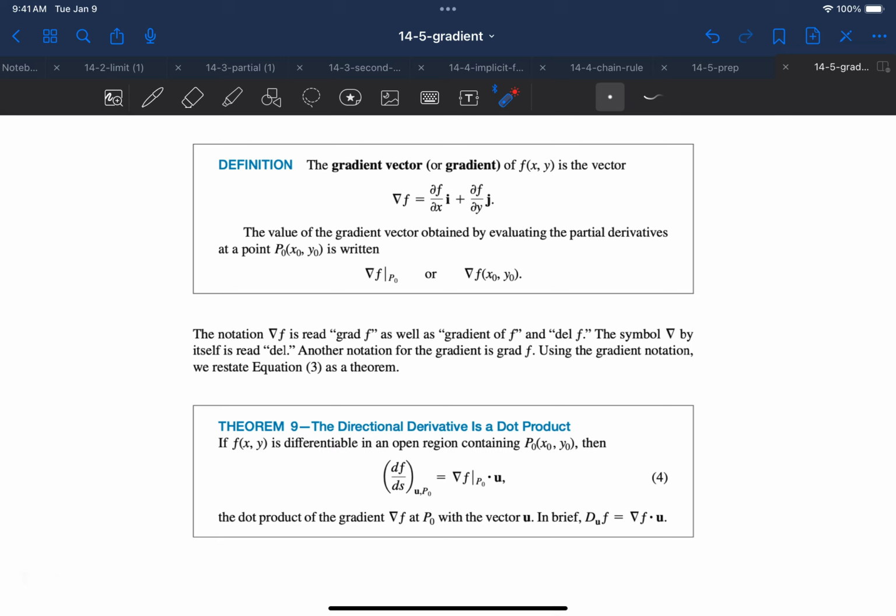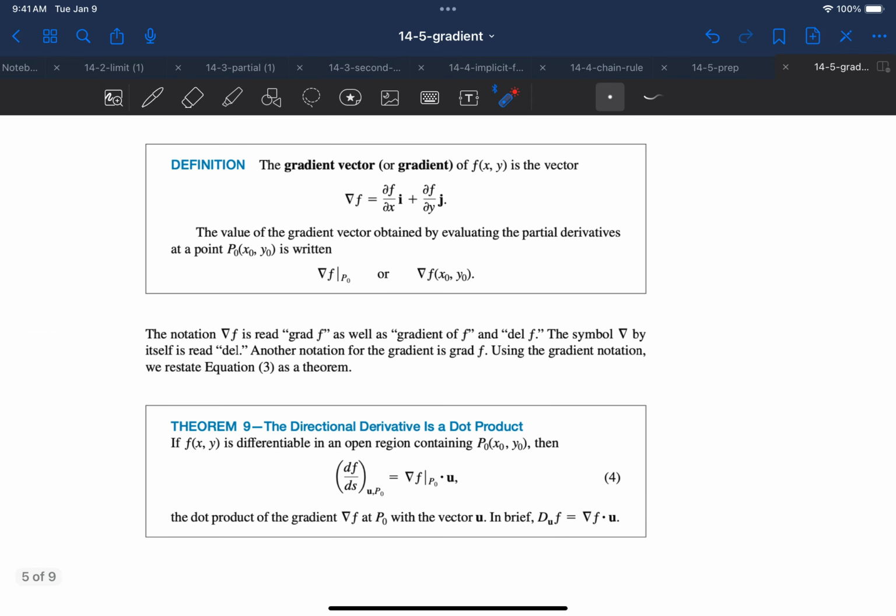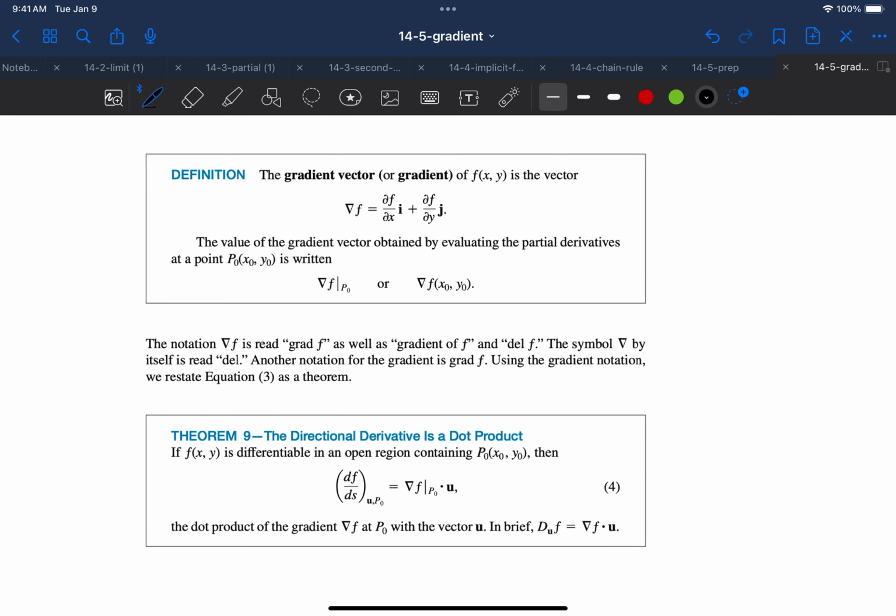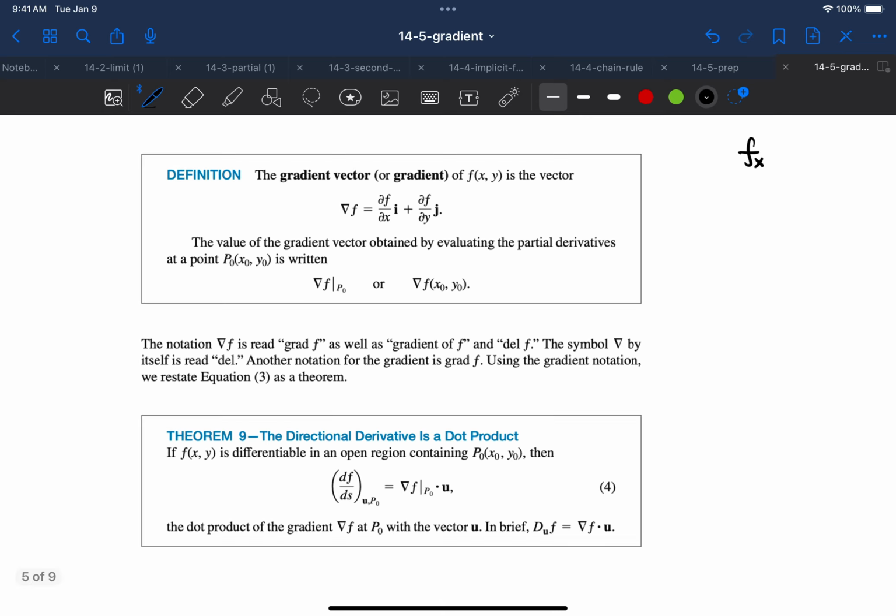We can first recall the partial derivatives of a function of two variables, f(x, y). When you talk about partial derivatives, there are two kinds. One is the partial derivative with respect to x, which can be written as fx. Another is fy, the partial derivative with respect to y. Then you get two numbers.